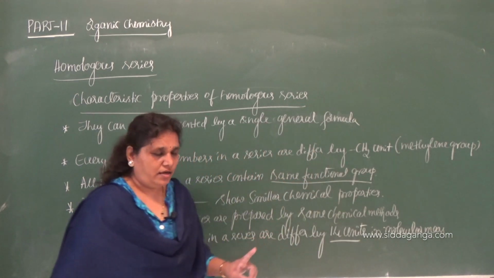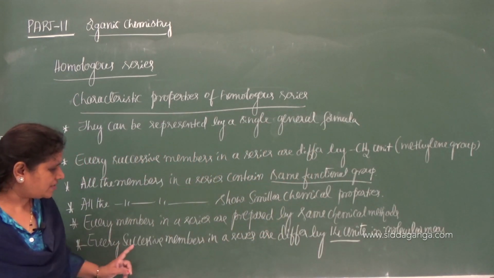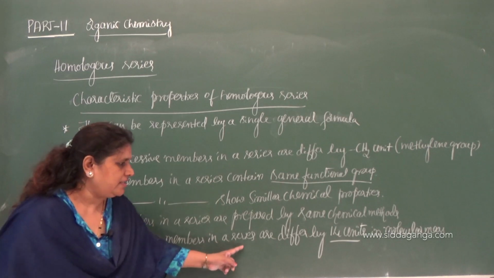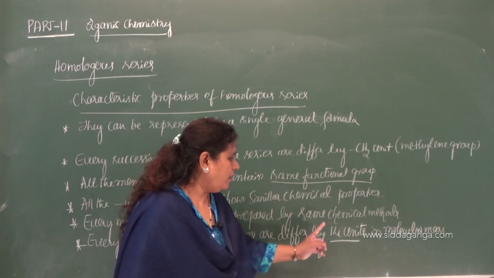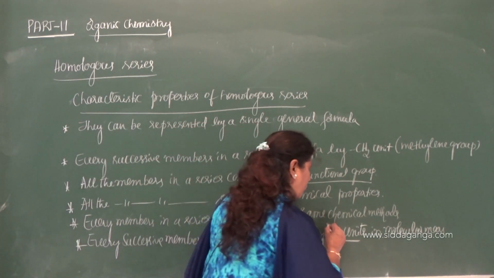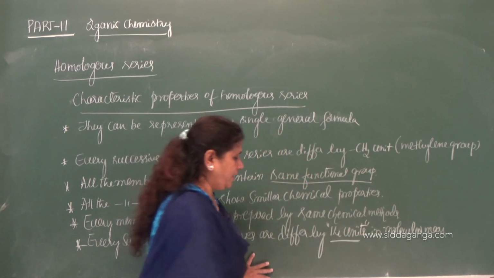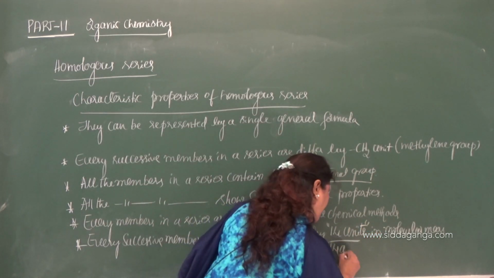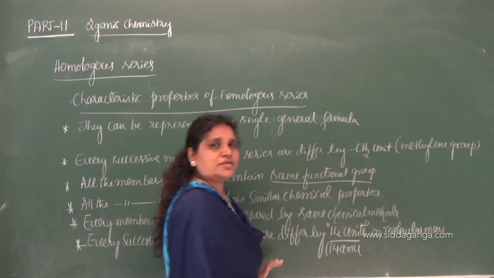So here the last one, every successive member in a series differs by 14 units in molecular mass, that is 14 AMU, atomic mass unit.